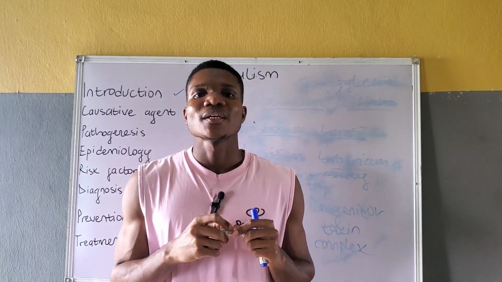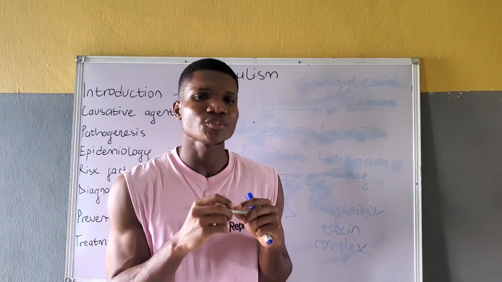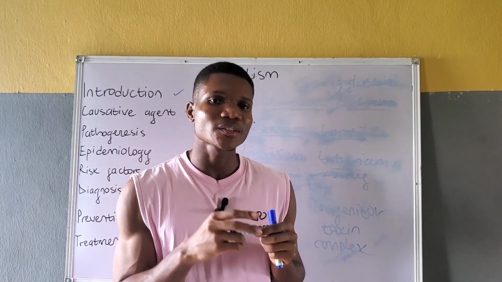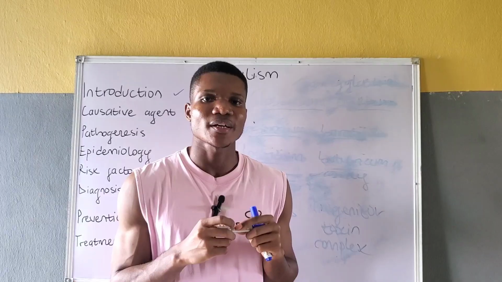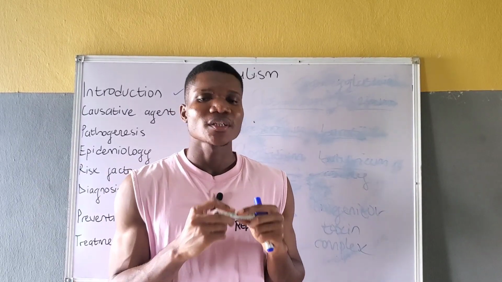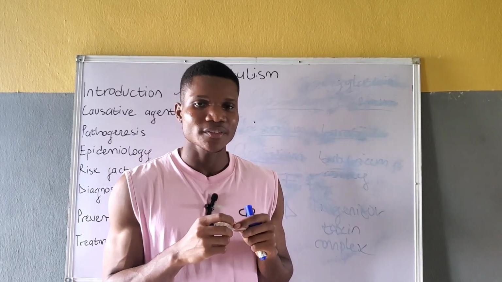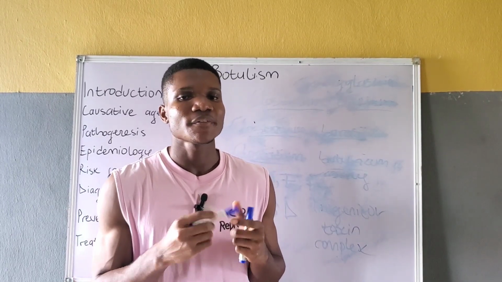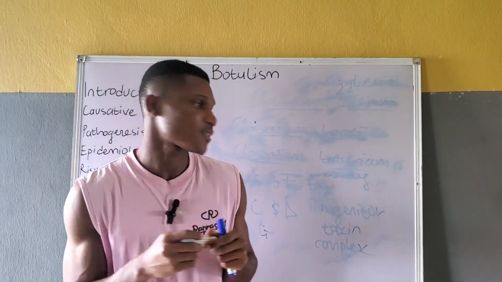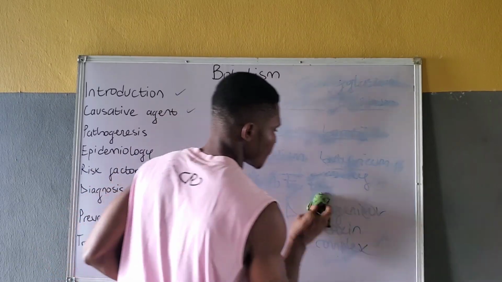This is because the molecules of the botulinum neurotoxin are very large and as such cannot pass through the blood-brain barrier, and so they cannot directly affect the central nervous system. But the botulinum neurotoxin affects the peripheral nerves, leading to problems in muscle contraction and flaccid paralysis. Let me use this diagram to explain how that happens.